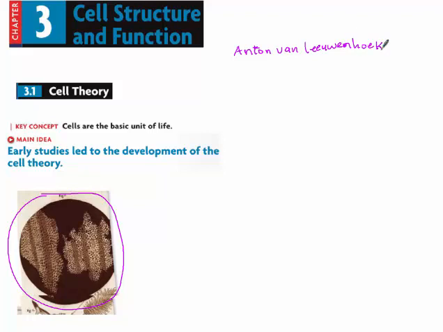So this is a Dutch scientist. This Dutch scientist or Dutch tradesman came up with, in his own spare time, what Anton van Leeuwenhoek normally used to do, which is to observe or to look at small things.